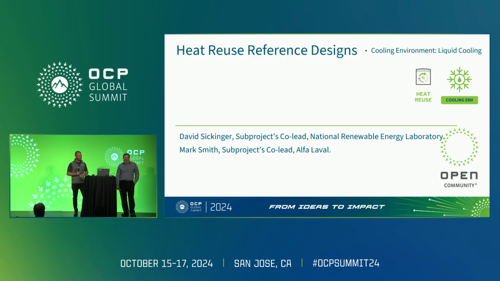But getting into the presentation, the purpose of the Heat Reuse Reference Design workstream is to define a set of common features of a basic technical room in a data center for heat reuse purposes, and create guidance that engineers, architects, and decision makers might utilize when designing and developing a data center that facilitates the recovery of excess heat.